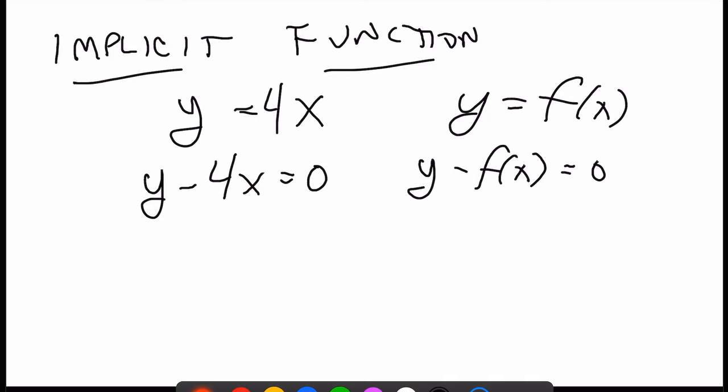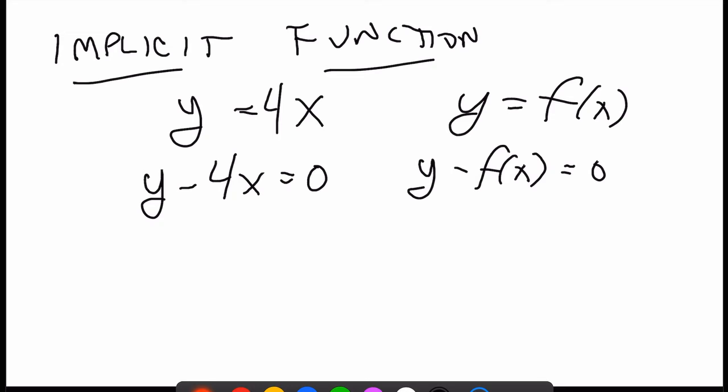But there are times when we get an equation that really we can't solve. You want to solve the equation for y, right? To do normal taking of a derivative, the way we've been learning to take a derivative, I need to be able to solve these equations for y.